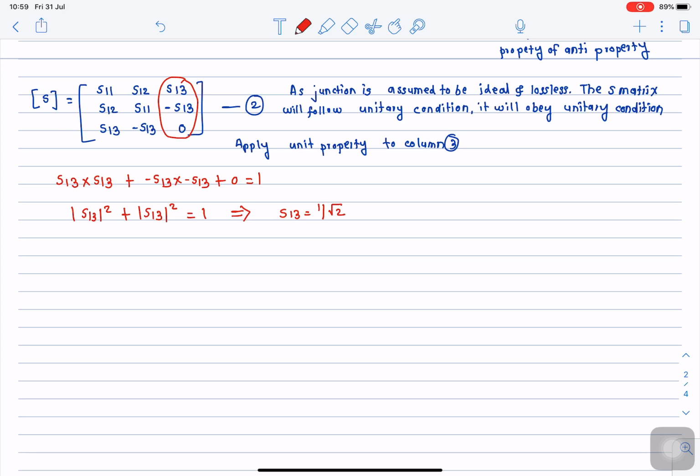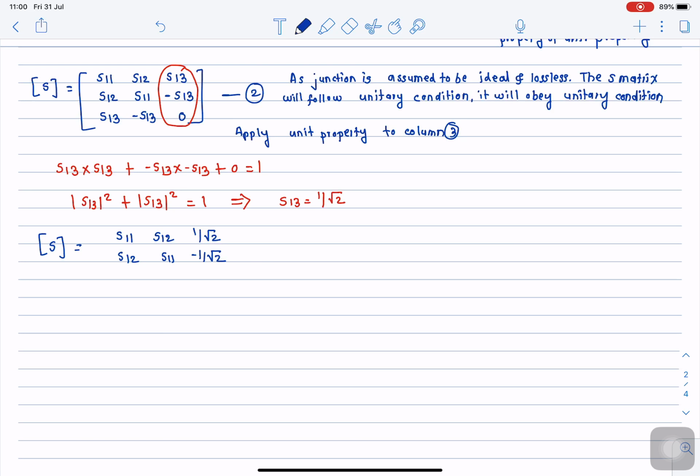Now S12 I will write as it is, S11 I will write as it is, S13 I will replace with minus 1 by root 2. Now S13 is 1 by root 2, again minus of 1 by root 2, and it is 0. And now here we are only left to find two terms, that is S11 and S12.